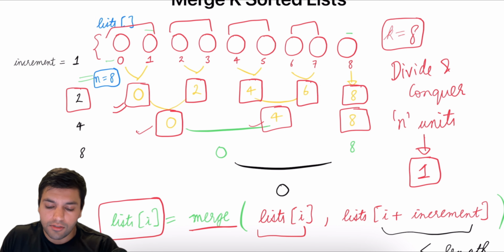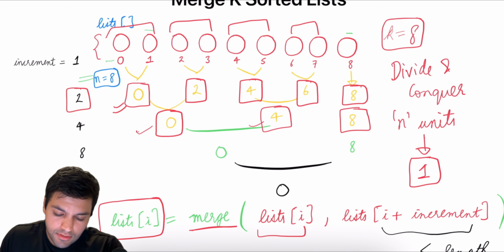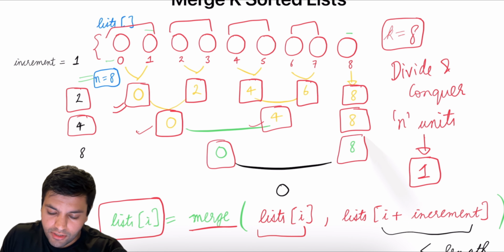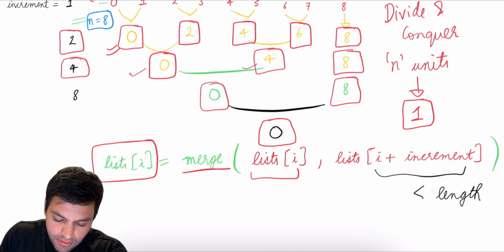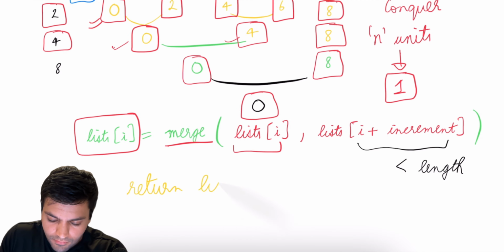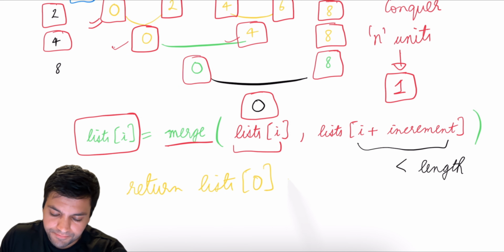These two linked lists are bigger and have more elements. Finally we are left with 0 and 8, and we can merge them to get our final linked list. At the end we can simply return list 0, which would be the head of our final merged linked list.